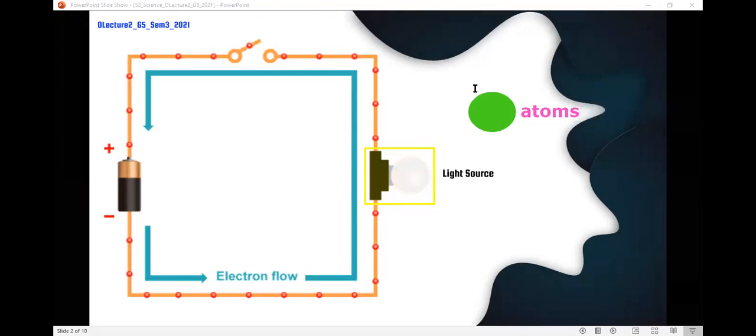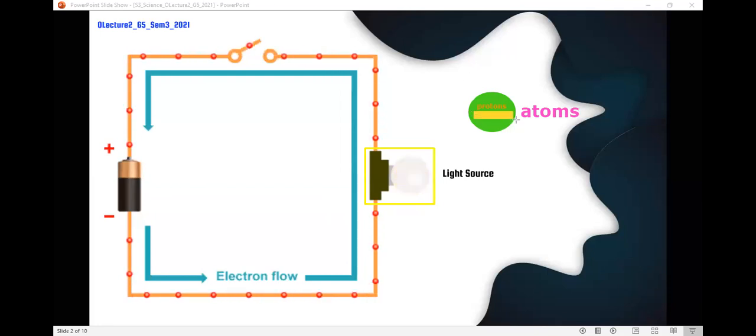Inside these atoms, you will also find tinier particles. You will find smaller things called protons and electrons. They are small things found inside the atoms that build everything in the world.